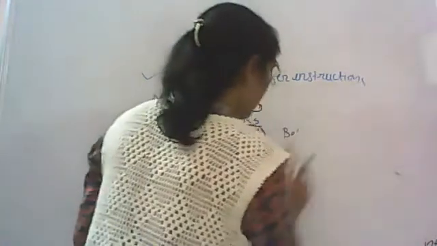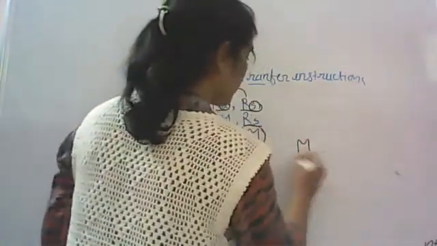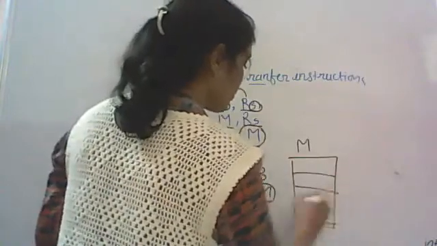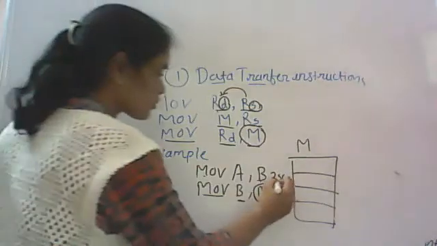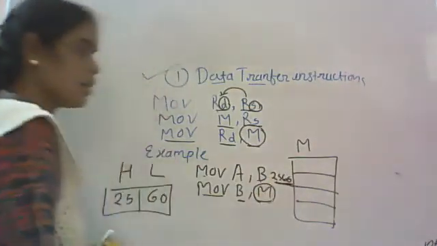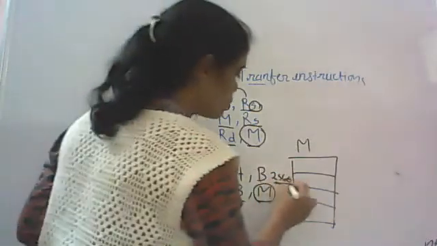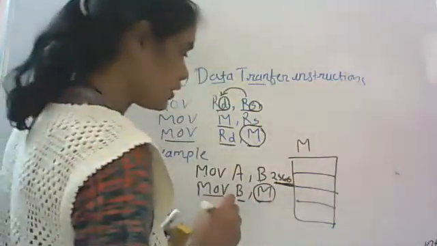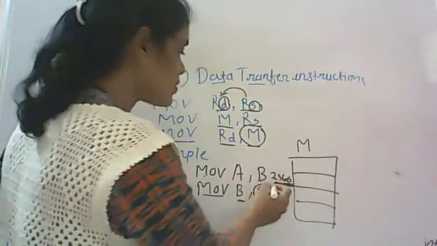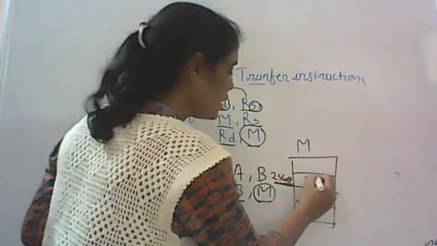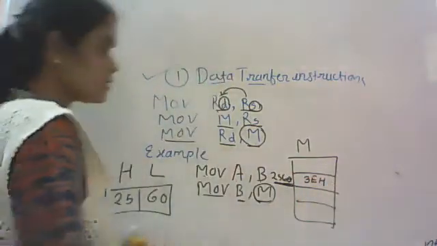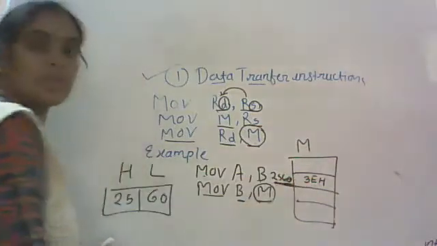So in memory, the address 2560 is stored in the HL register pair and points out that memory location. This memory location contains 3E hex.